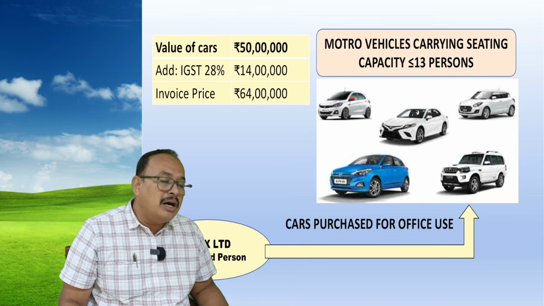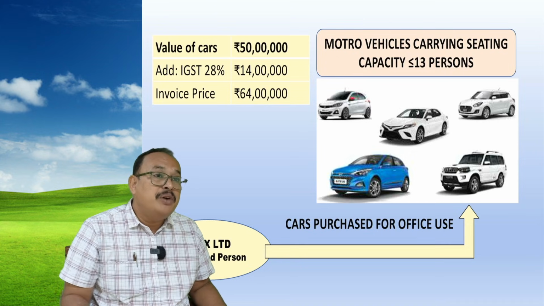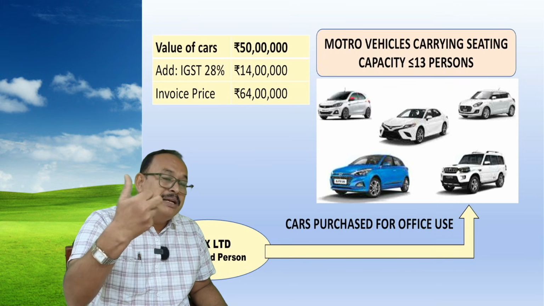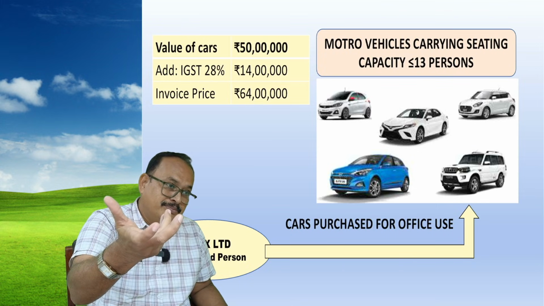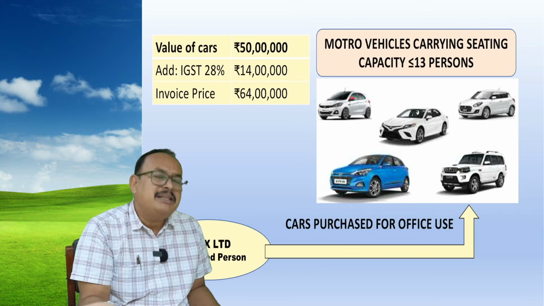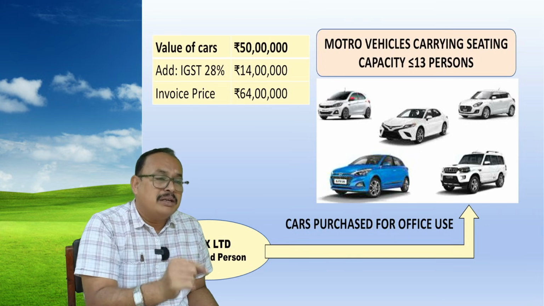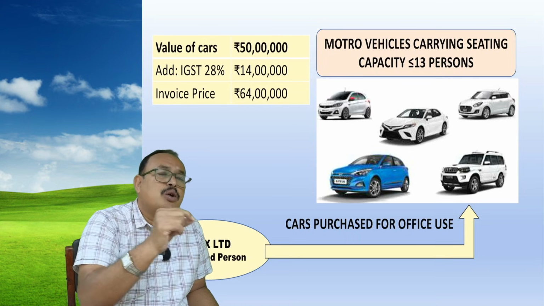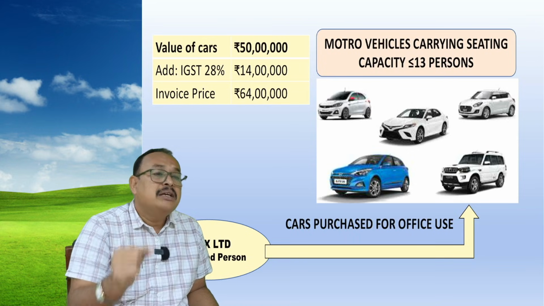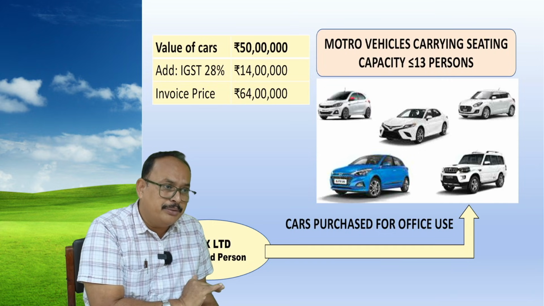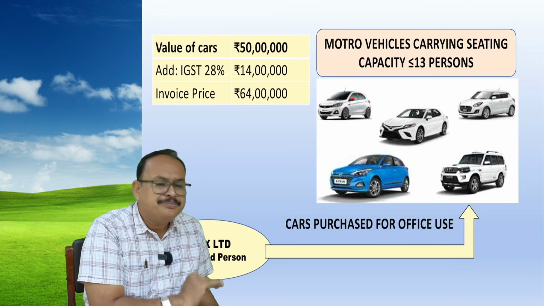If you are using it for further supply, meaning renting or selling where taxable supply applies, then we will claim ITC. Strictly speaking, for a passenger vehicle of less than or equal to 13 seating capacity including the driver, ITC is not allowed. Exceptions, ITC allowed. Get my point, sir?